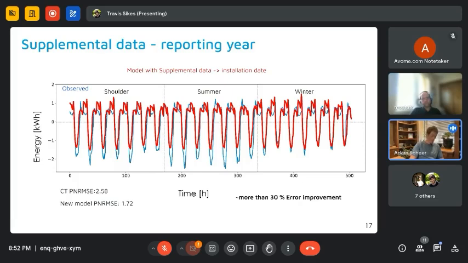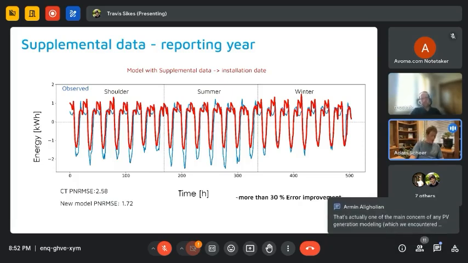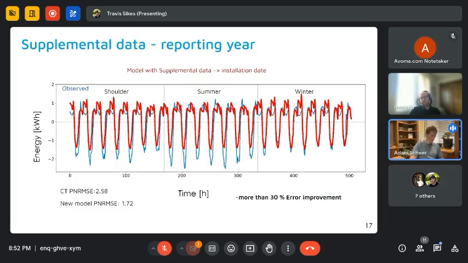I think what we would like to do with this is test how much data needs to be available in the baseline period when the building has entered a new state of operation in order to actually have a valid model. And we'd like to come back to the group with some recommendations on that front based on the analysis itself.